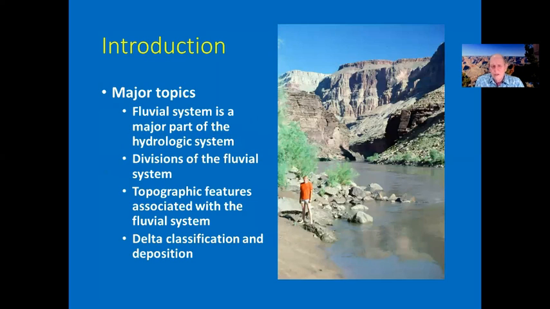I like to start this introduction with this image of the Colorado River in the bottom of the Grand Canyon. This young man is standing on a point bar, which is deposited by the Colorado River. That is a temporary holding area for sediment. As you look up this river system, you can see that it bends off behind him and then bends back the other way.